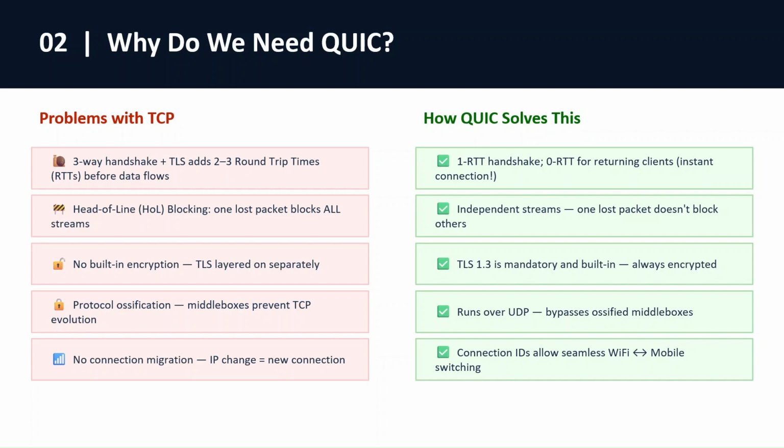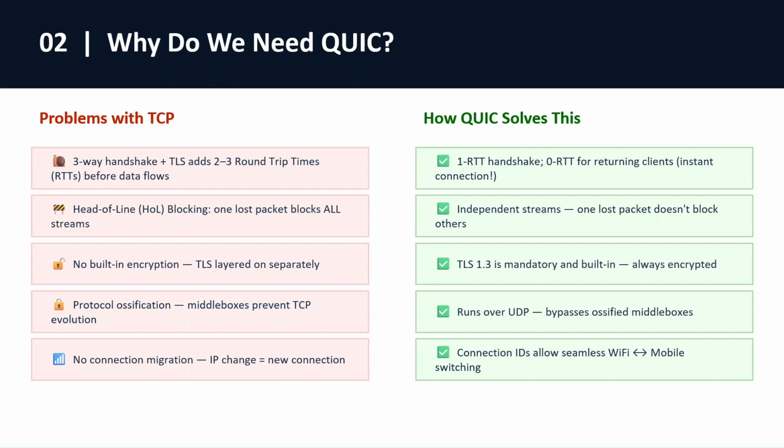TCP's three-way handshake combined with a separate TLS negotiation requires 2 to 3 round trips before a single byte of application data can be sent. On a mobile network with 100 ms latency, 200-300 ms is wasted before anything loads. This is only time wastage, which is covered by QUIC.